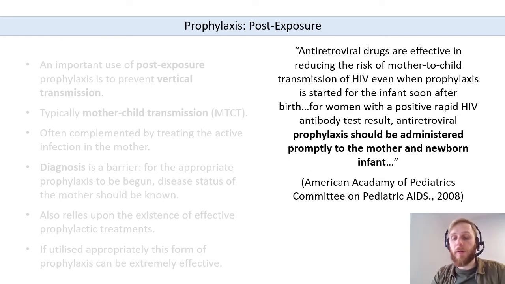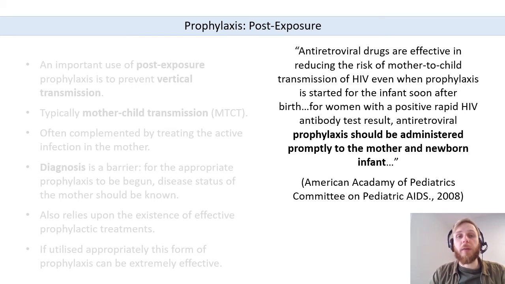HIV is another example here. Of course, we want to prevent the spread of HIV from mother to child wherever possible. One way we can do this is to treat the baby and the mother with prophylactic antiretroviral drugs as soon as the baby is born. Again, challenges here. It relies upon the mother being diagnosed with HIV.